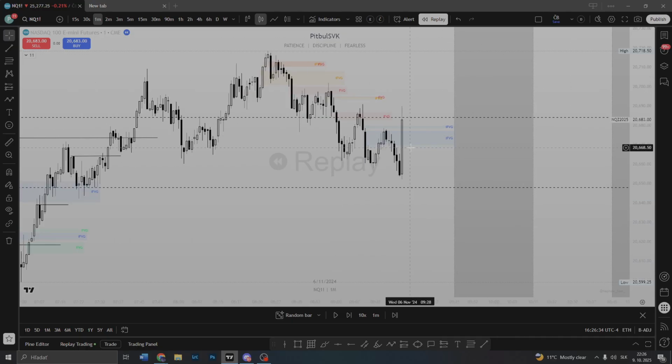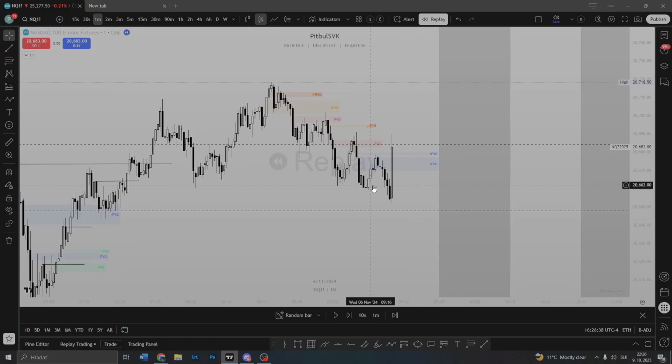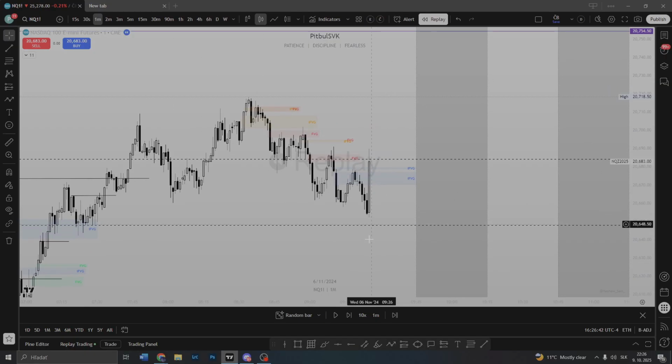So I don't like the time, but if you show me this chart and I want to see a time, like we take the liquidity, internal sweep, strong candle closure, I would like to see us going higher and taking the high again. Just looking at this, you know. It's 9:26. Okay.